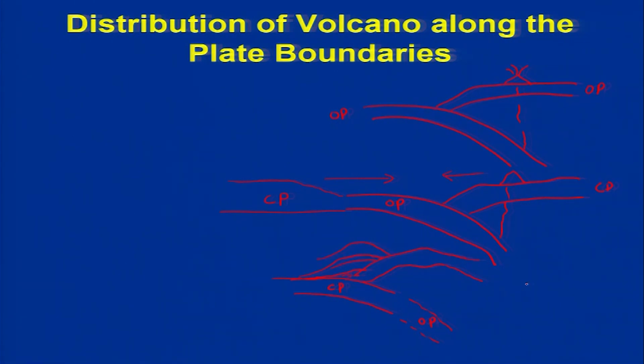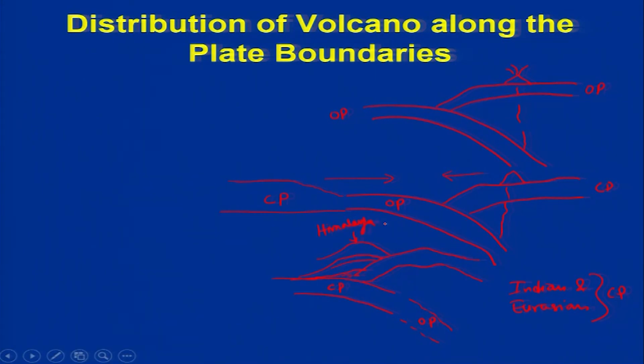This is very much similar to what we discussed in the scenario between the Indian plate and your Eurasian plate, where both of these are continental plates, and the result we see is the Himalaya.